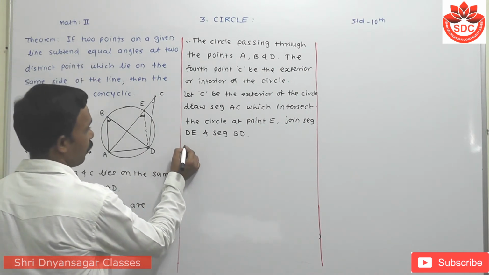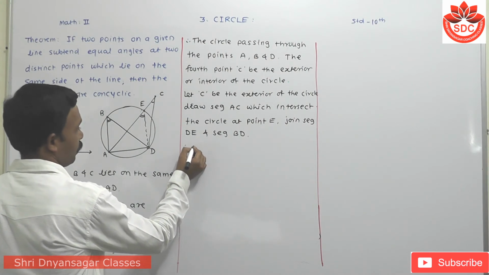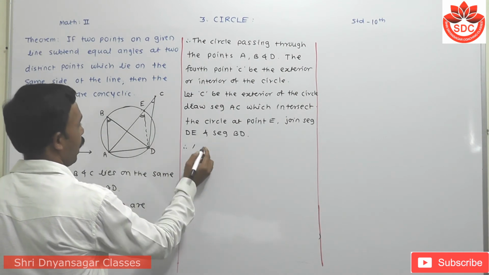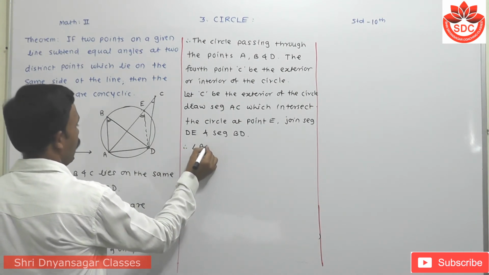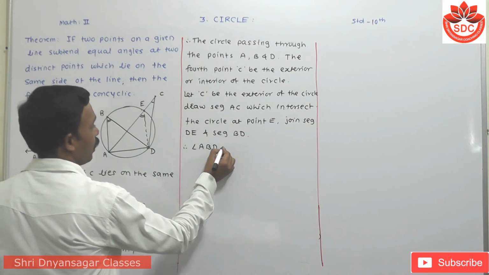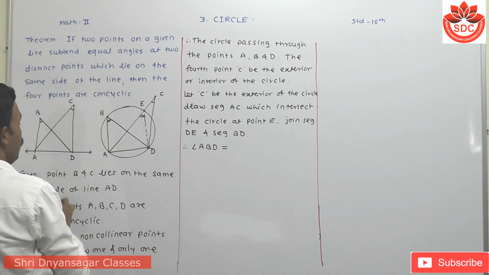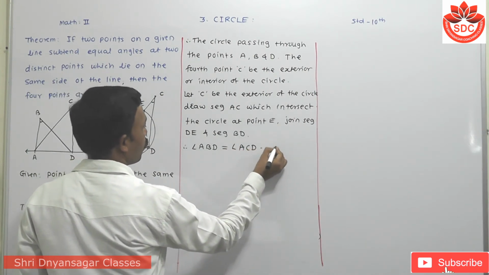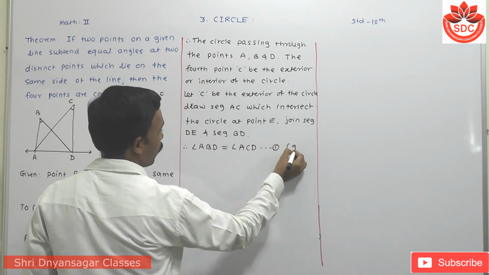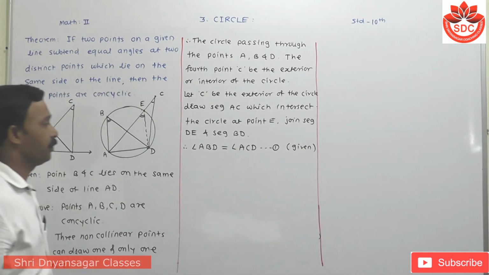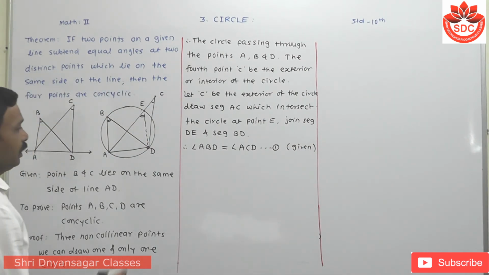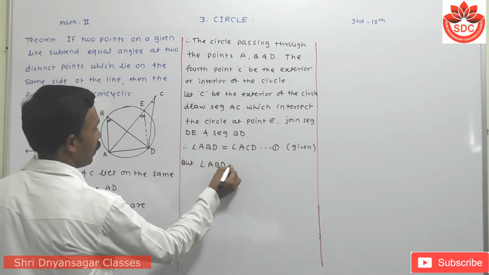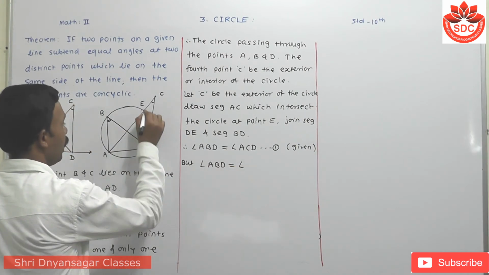So first I will write therefore angle ABD is equal with angle ACD. Angle ACD, which is equation first, I have to take reason as given. Now student, then this angle ABD is equals to angle AED.